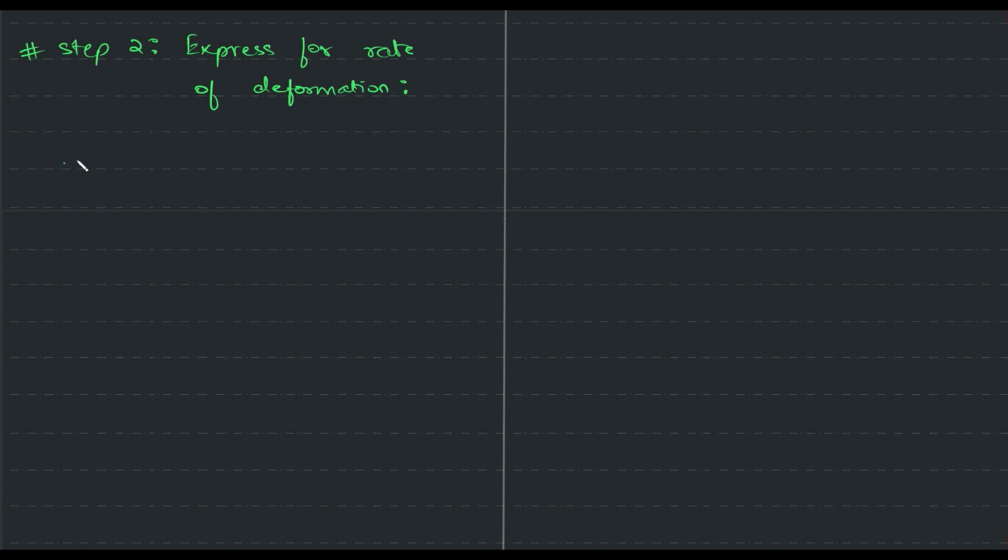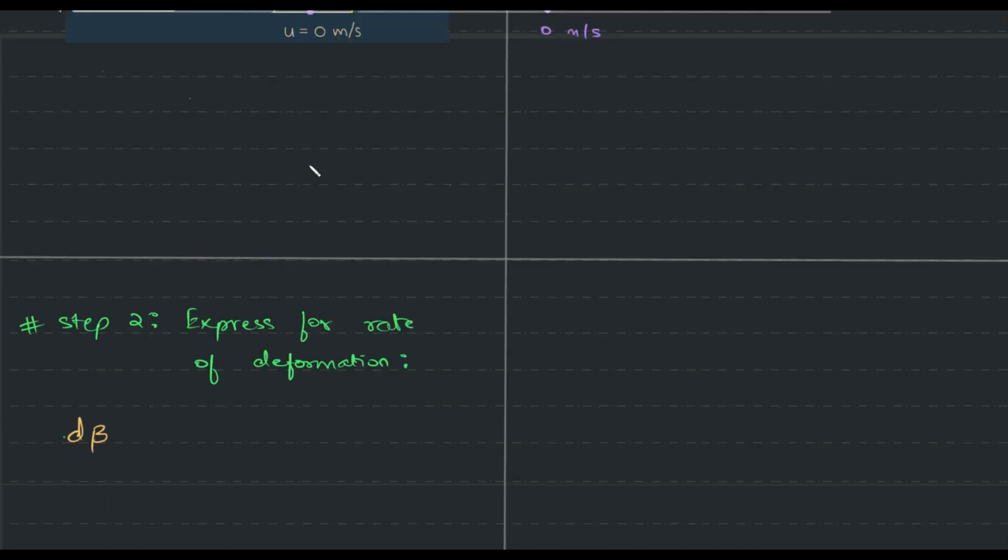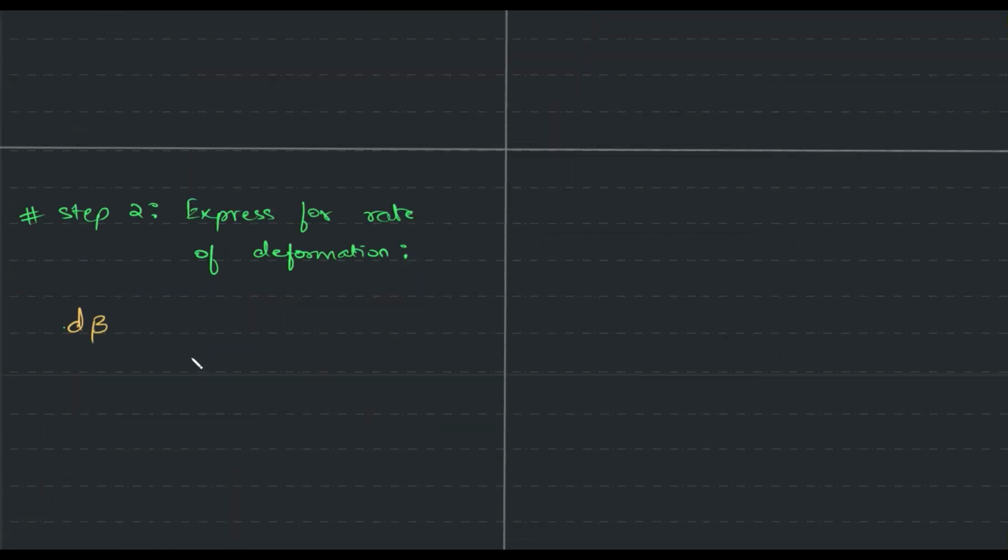So now, rate of deformation. What does it mean? Well, we are measuring rate of deformation with d beta, right? The angle over here, d beta. So d beta is proportional to tan d beta, for small values of d beta.